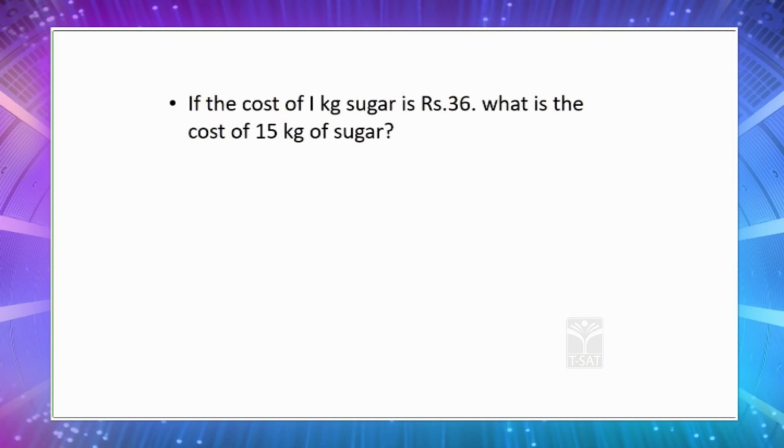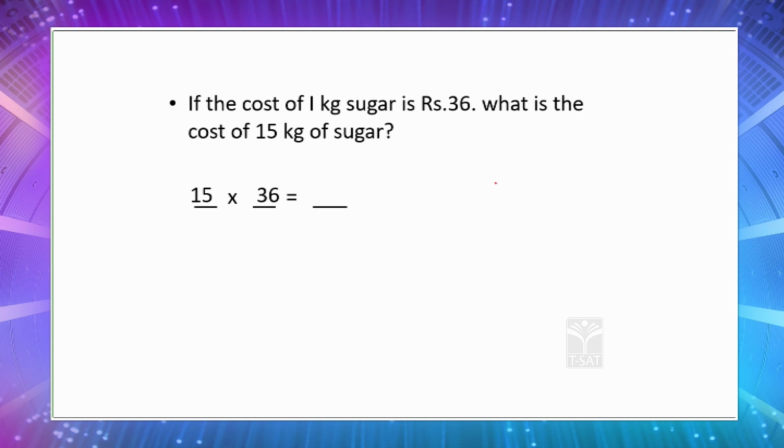Next, if the cost of 1 kg of sugar is 36 rupees, what is the cost of 15 kgs of sugar? See, this is 15 times 36. See children, we are going to bigger numbers, that is, 2-digit number multiplication. So, 15 into 36. Can you add 36 fifteen times?